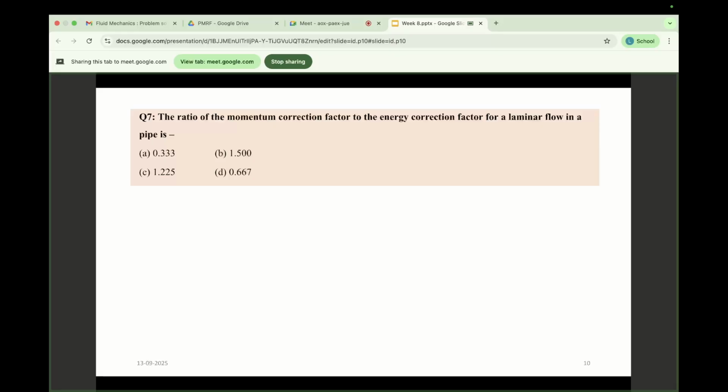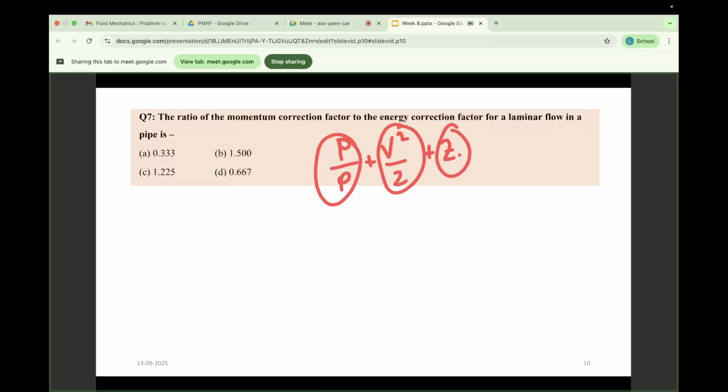To consider these defects in Bernoulli's equation, we have terms like P by rho plus V square by 2 plus Z. This is the pressure term, this is the kinetic term, and this is the datum term or potential term.